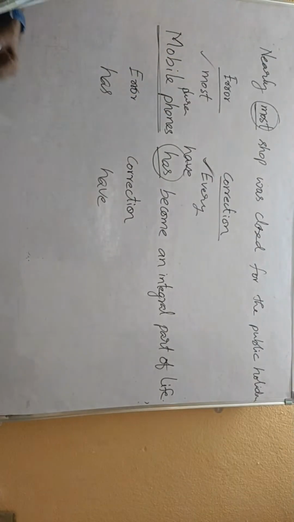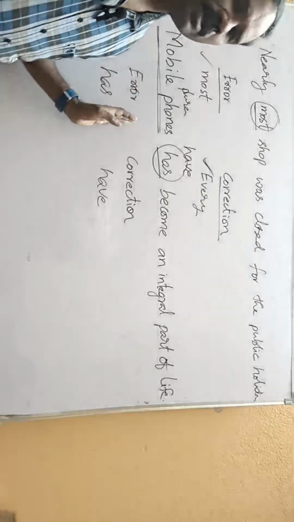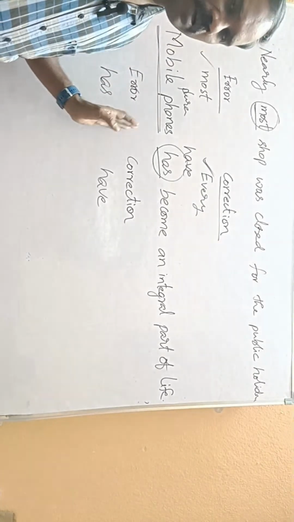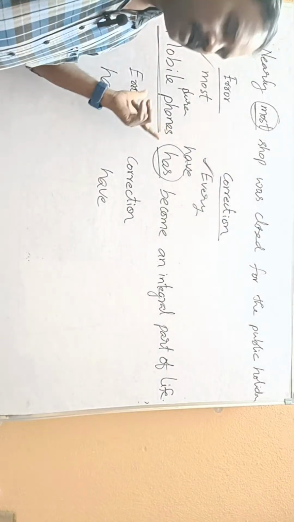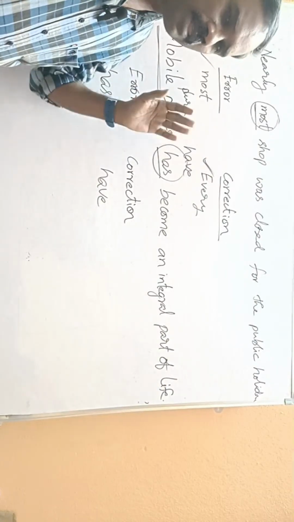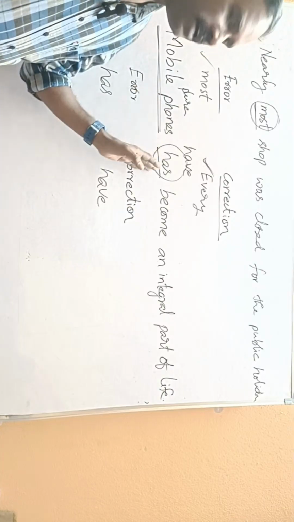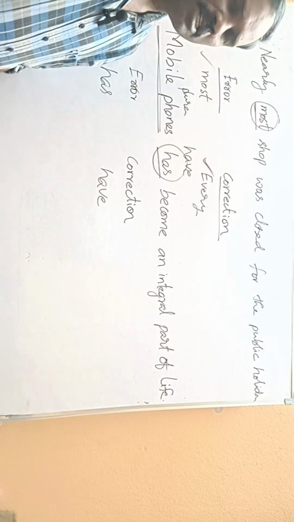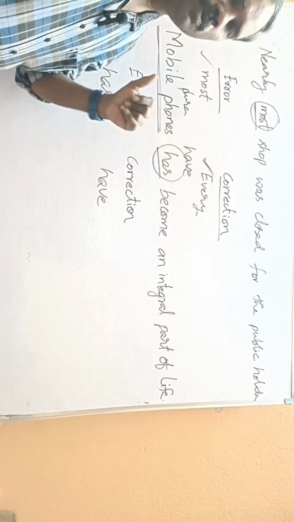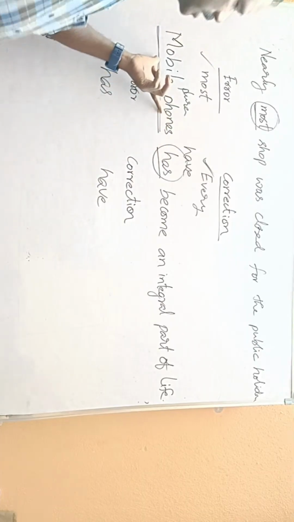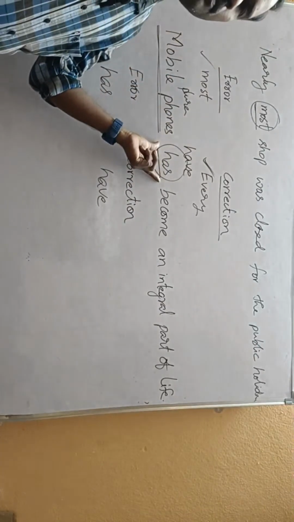According to the Concord rule. What is Concord? The verb must agree with the subject. There must be an agreement between these two. If the subject is in plural form, the verb should be in plural form.